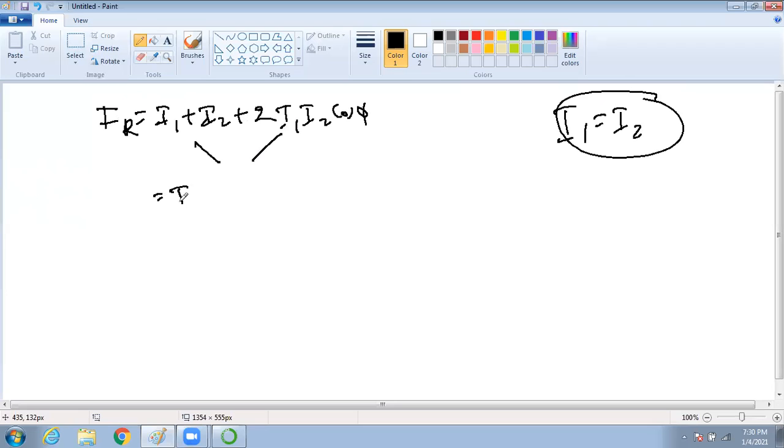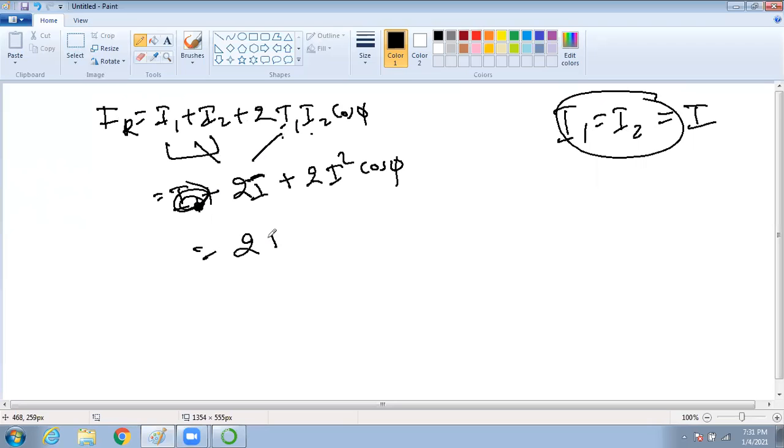I1 and I2 both I, so I1 plus I2 becomes 2I, and the root term becomes root of I square, which is I, plus 2I cos phi.